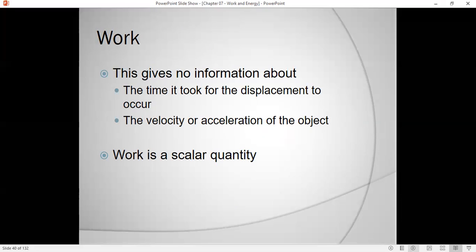In some cases, the simplicity of using a scalar makes it easier to come up with an answer. The math is much simpler. However, some details of the object's motion are going to be lost because we've lost the vector nature of what we're doing right here. So there's positives in that the calculations are easier when we use energy. There's negatives in that we're losing some of the details that we had when we just dealt with forces.